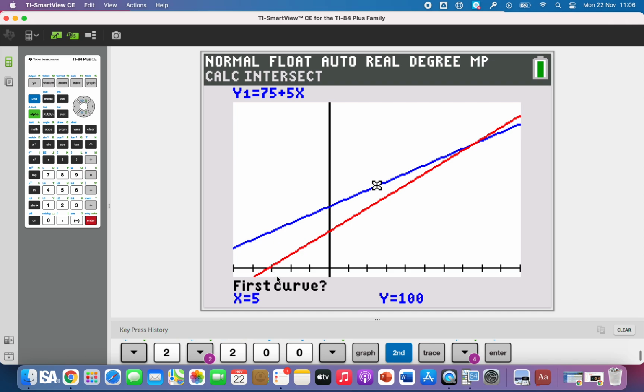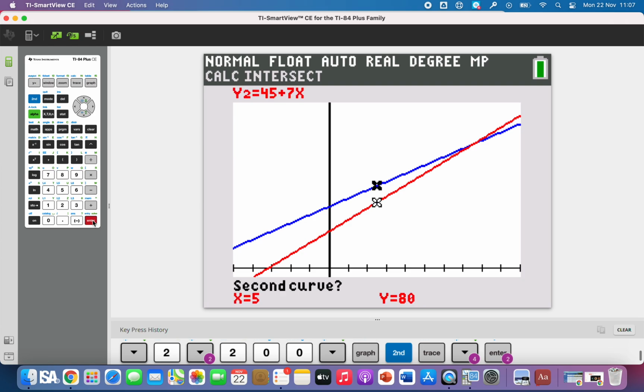First curve is the same as first line, so you simply hit enter, because that's your first line. That must be the cost formula. Then the red line, or the second curve, which is the income, hit enter again. The calculator is going to ask you, guess, yes, enter.